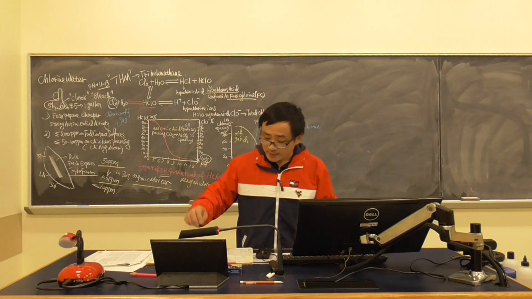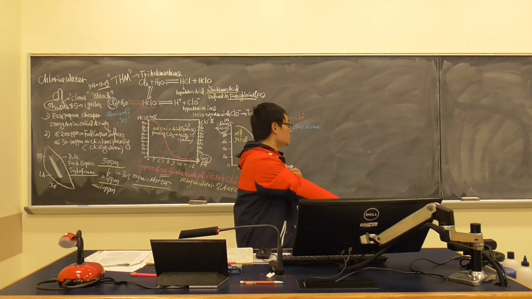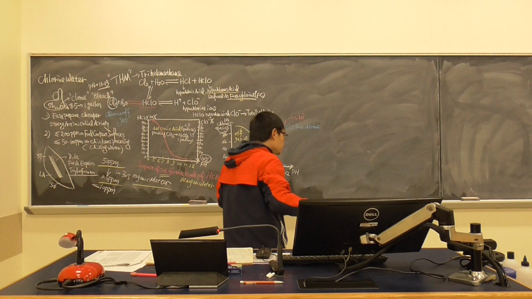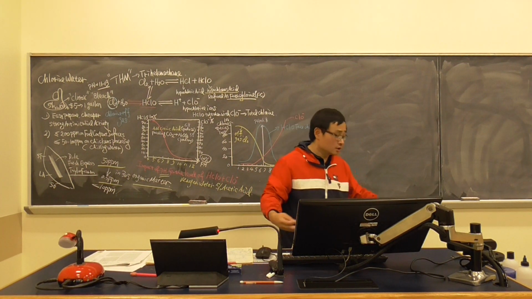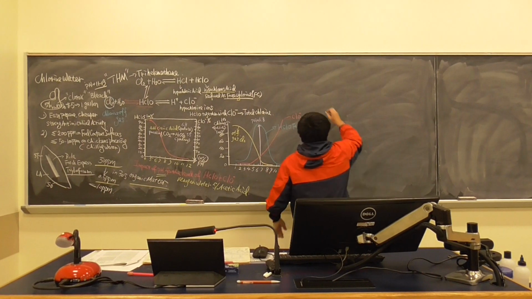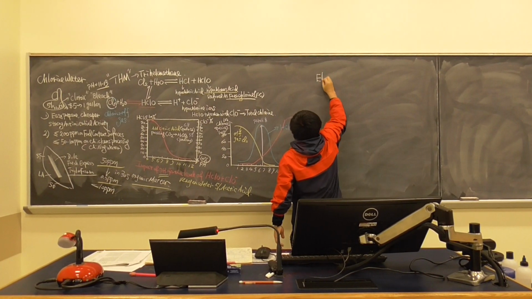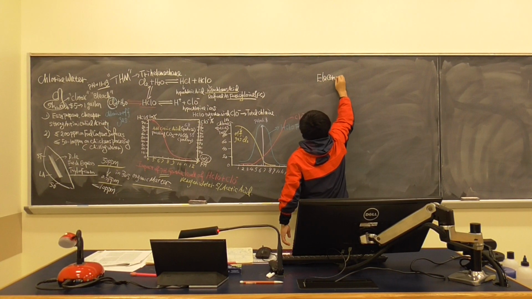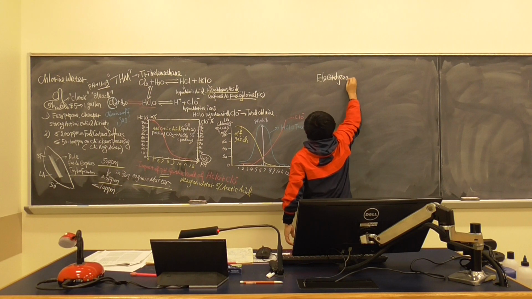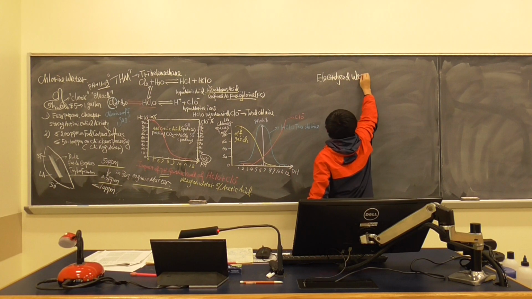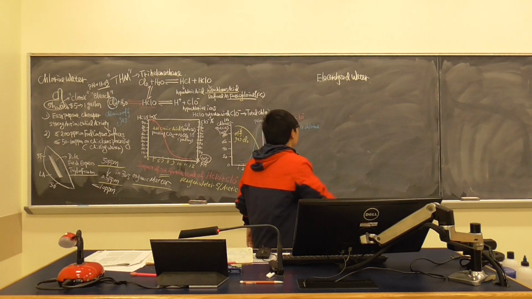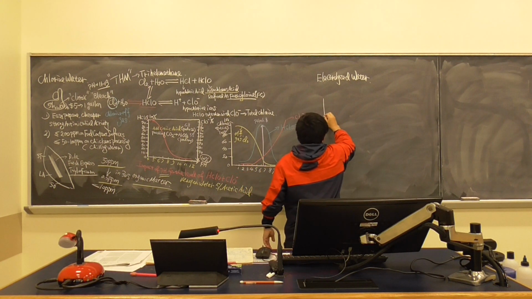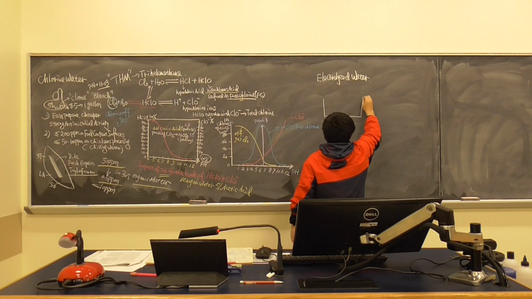What they did, they created something relatively new, relatively smart, but I do not think so. I will explain to you. This is called electrolyzed water. It is a very smart one. So what happens? Let's say I have a container, a tank.